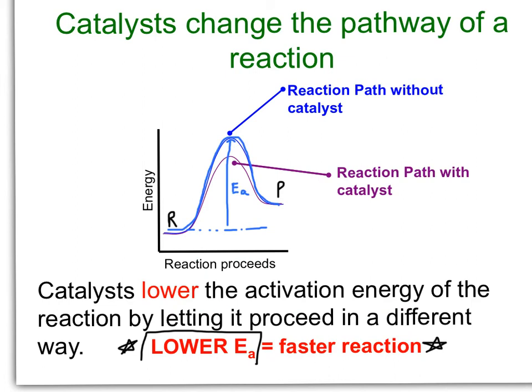And if I add a catalyst, you'll notice that the level of reactants stays the same, the level of energy stays the same, but our transition state is actually lower, and the level of the product's energy is also staying the same. So because we have a lower transition state, we're actually going to have a lower activation energy. A lower activation energy means faster reaction.